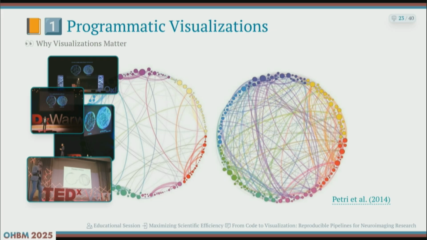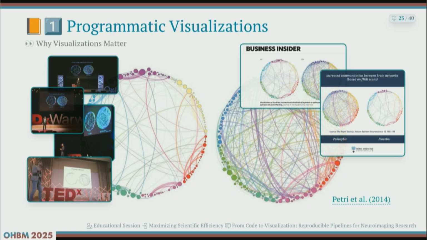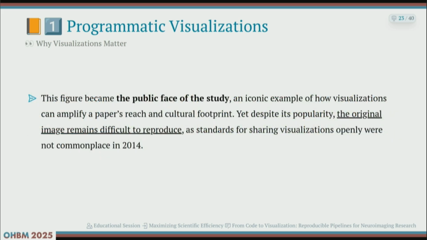all along the process. And these days, I went back and I noticed that this single figure was actually showcased in multiple TED Talks. It made itself into news. And that's an example showing that although we spend a lot of time writing our manuscripts, sometimes the figures make it to bigger places. So this figure is an example of a figure becoming the public face of a study.